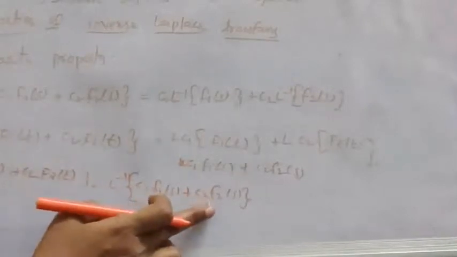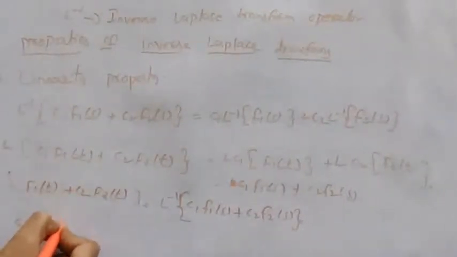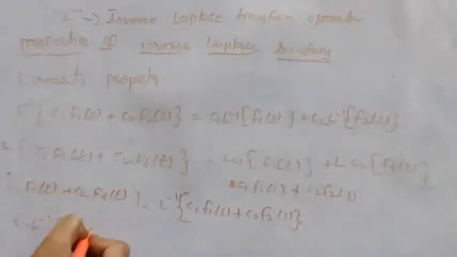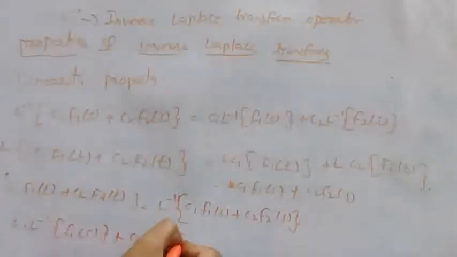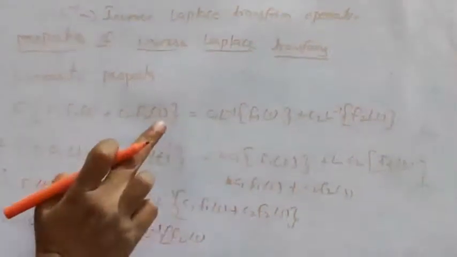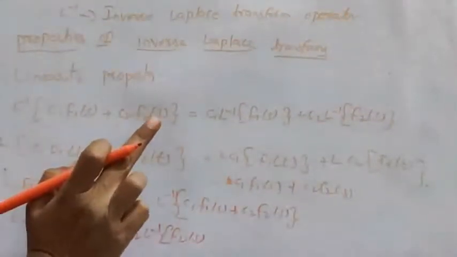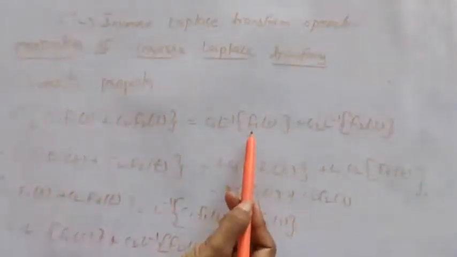Now this L inverse applies to both terms, so this can be written as C1 L inverse of F1 of s plus C2 L inverse of F2 of s. Hence we have proved the linearity property of inverse Laplace transform. So we got the RHS, isn't it? Yes.